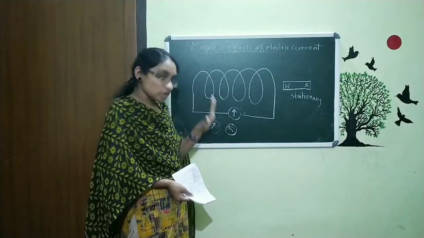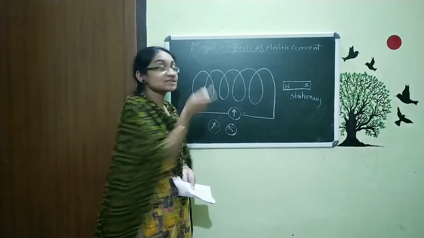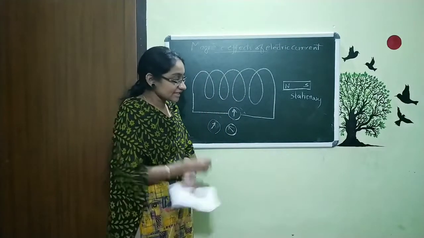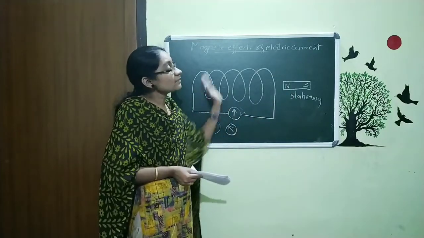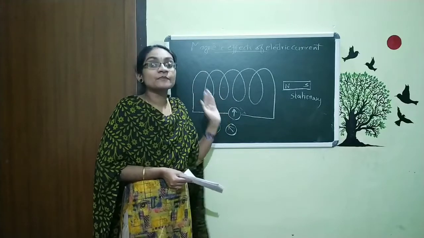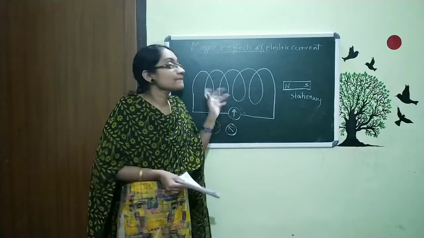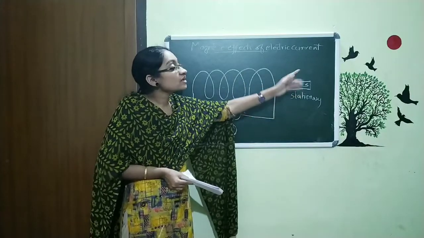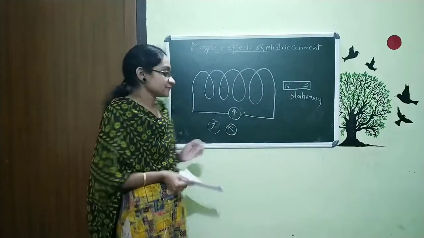So in both cases the same thing happens, but in the first case the coil is stationary and the magnet is moving, and in the second case the magnet is stationary and the coil is moving. In both cases they induce electricity because of the change in the magnetic flux around the conductor, because of this magnet.